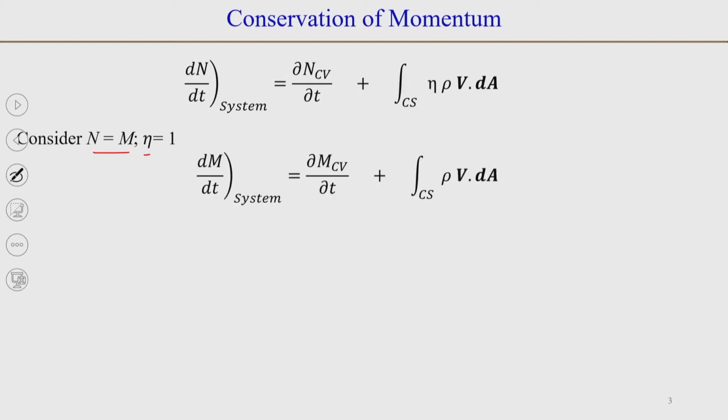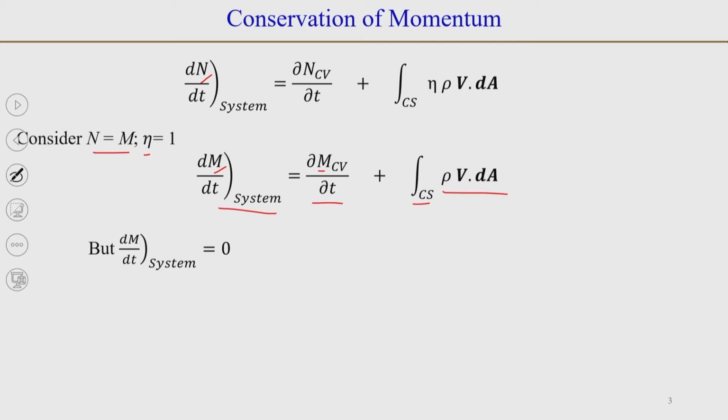So, n is replaced by m. So, dm by dt, or rate of change of mass in the system, will be equal to del by del t of m in the CV. In place of n we have now replaced m, and that is equal to the integral over control surface, with eta equal to 1, so it becomes rho v dot dA.